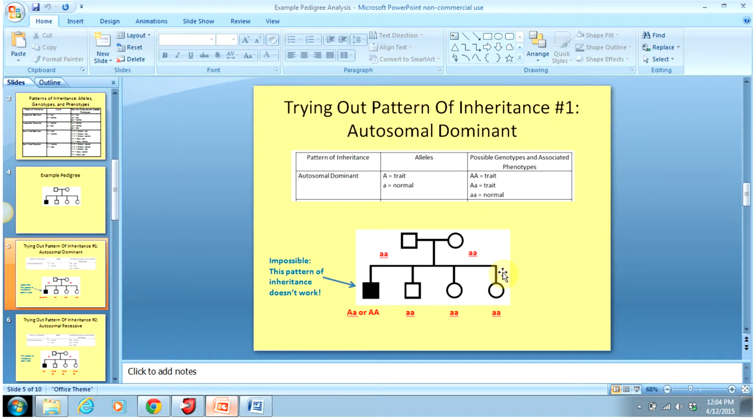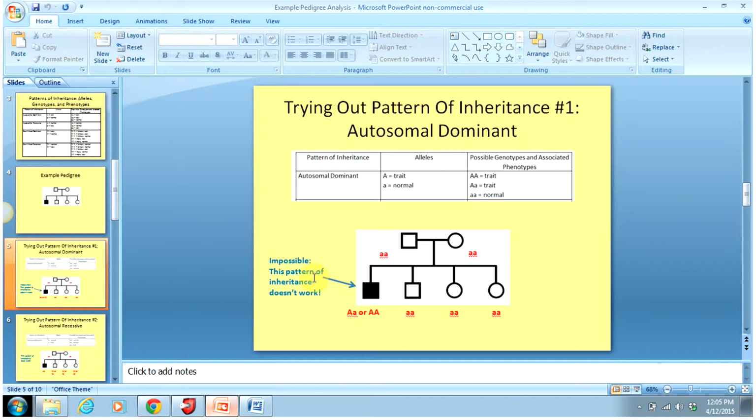So if that's the case, all individuals who are normal would have to have the genotype little a little a. So we're going to fill it in for 1, 2, 3, 4, 5 individuals, all but this one down here, the son. So for the son, he shows the trait because he's shaded in. So he has to have the genotype big A, little a, or big A big A. He could not have gotten a big A from either of his parents, so this pattern of inheritance is impossible.